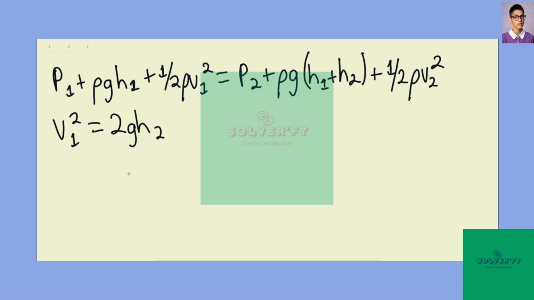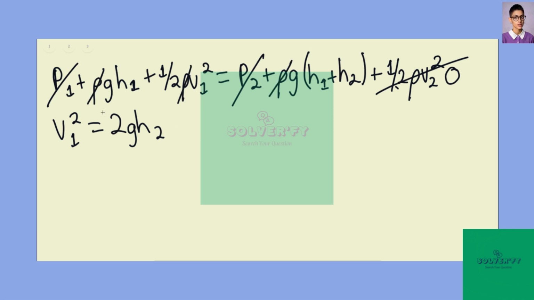Here, the greatest part is that a lot of things cancel out. So this cancels out with this. We get that v sub 2 is completely eliminated. And then each term here has the density term, so we can eliminate the density term.